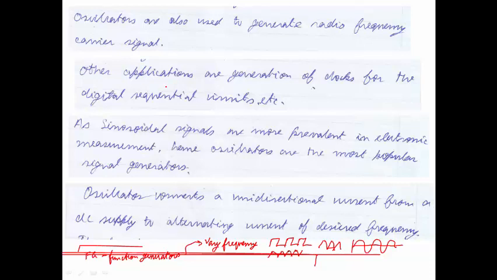So we do not have an alternating signal input in case of oscillators. However, it's pretty sure that we will definitely be getting the desired frequency, which is alternating frequency, at the output. So all in all, we can say that it basically converts a unidirectional current, which is in the form of DC, which we are going to see just now, into the form of an alternating signal.